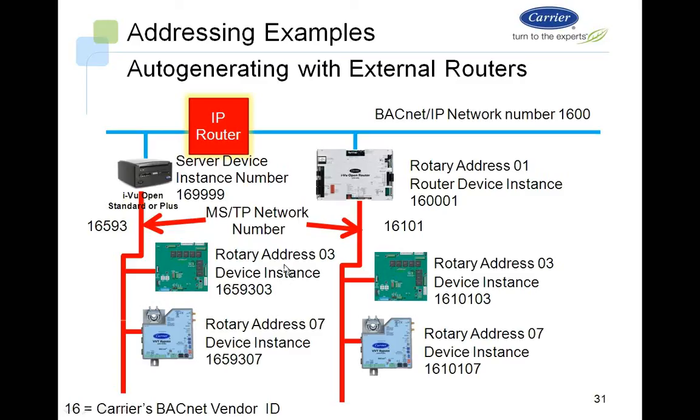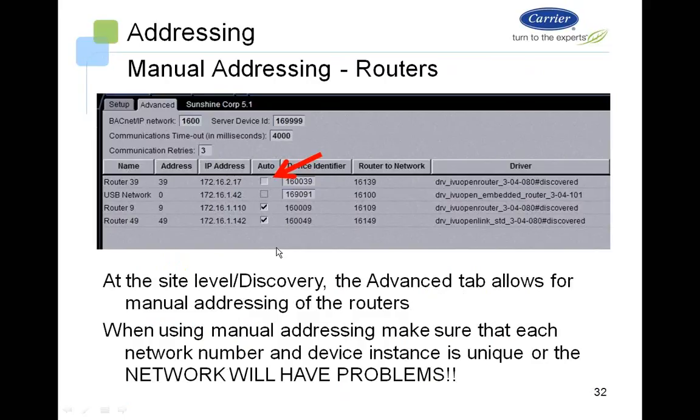If you want to do manual addressing of the routers, you can have access to this in either Field Assistant or in iView. After discovering the routers, if you go into the Advanced tab, you will see that the routers all show up, and if you uncheck the auto column for a given router, that will then give you access to the device instance or device identifier and allow you to enter in a manual device identifier.